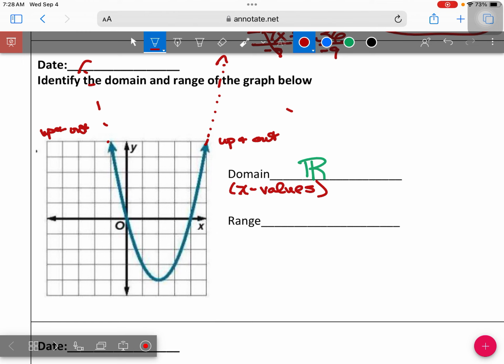Now, the range. The range is what kind of stuff? The y values. Now, the y is how high and how low can you go? Is there a lowest point on this graph?